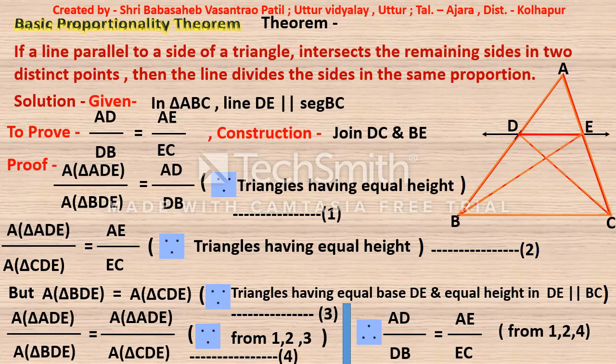From equations 1, 2 and 4 we write this conclusion. We write the reason: from equations 1, 2, 3 and 4. In this way, we prove the basic proportionality theorem. That is the method of solution.